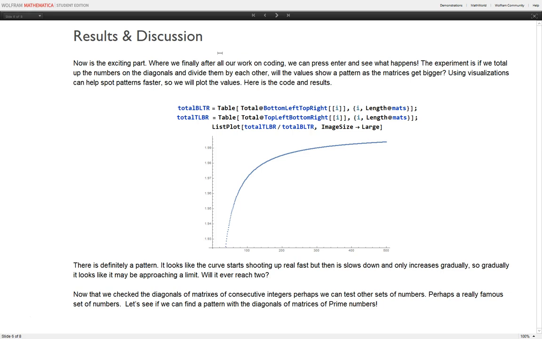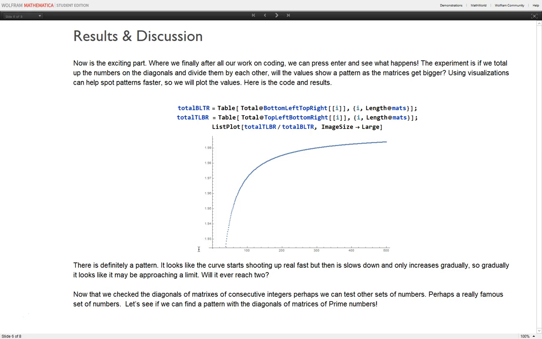We finished working on the code, and this code totals up the numbers in the diagonal, and then we take those numbers and we divide them by each other, and we plot it, and we get this graph that clearly shows a pattern.